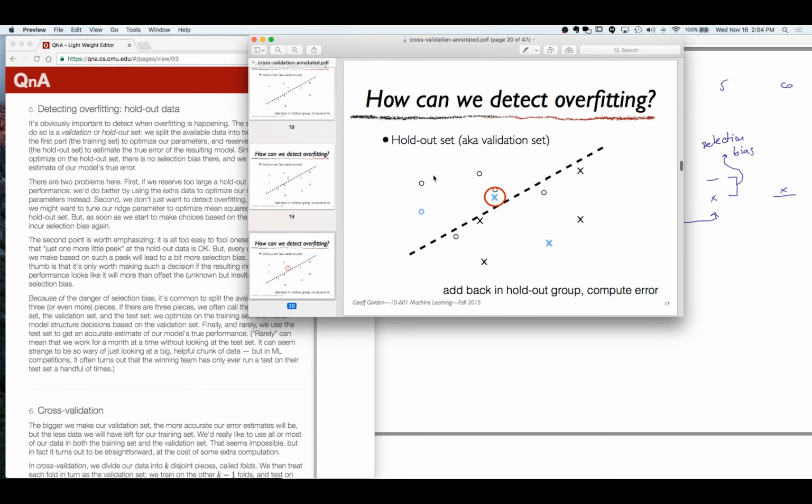And here we've got 1 error out of 3 holdout points. And so we will say that our estimated error rate is 1/3. Well, 1 out of 3 is 1/3. I guess that's not surprising.